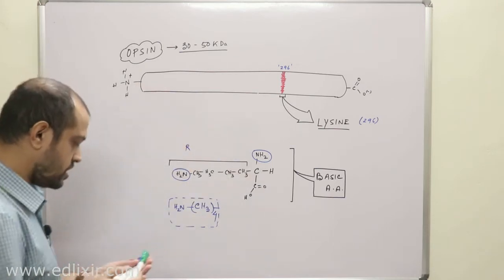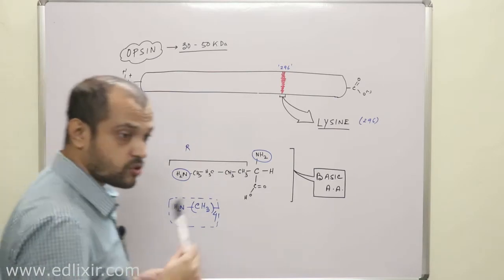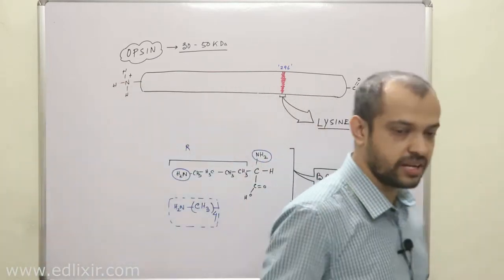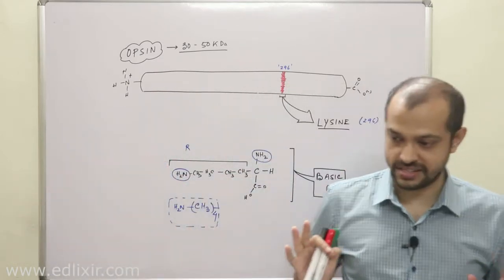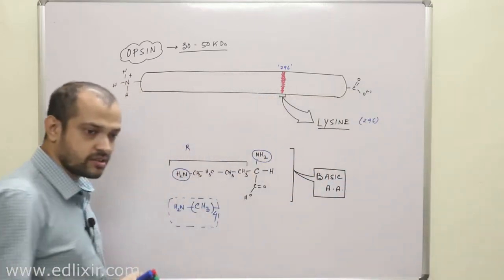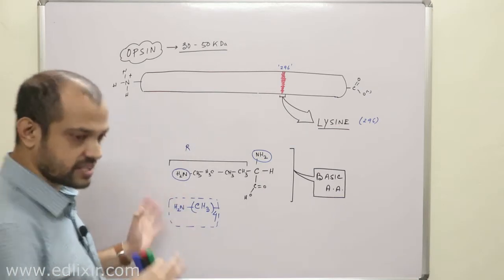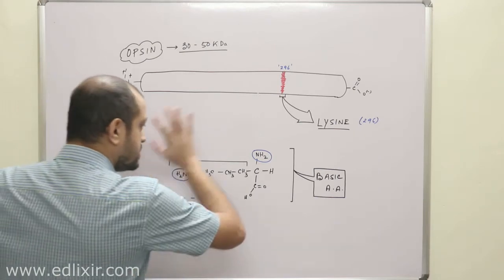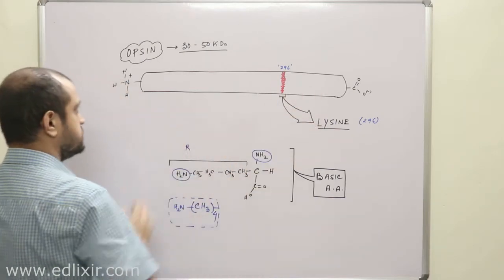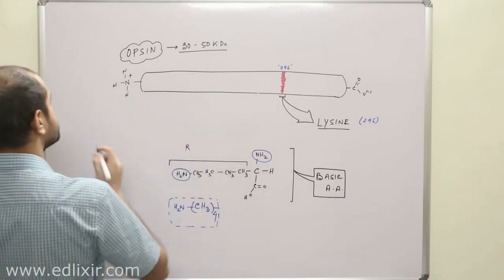Now listen, we will now be talking about how this opsin is converted into rhodopsin. That means we will have to add retinal to this structure. Whether it is 11 cis retinal or all trans retinal, we will talk about that later. But right now, we will have to add retinal to this structure.